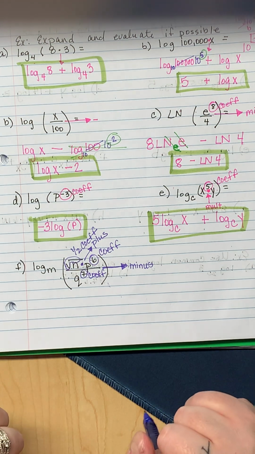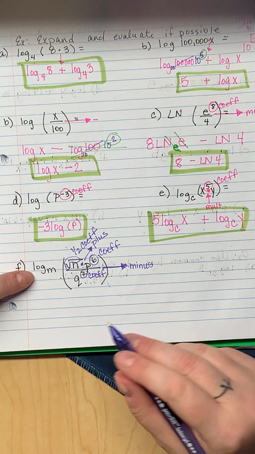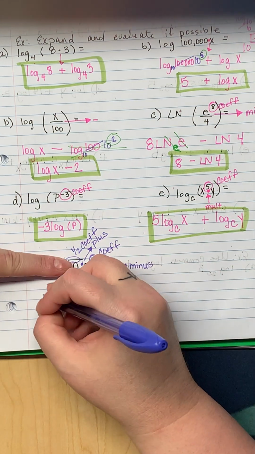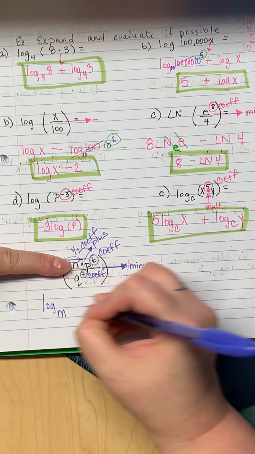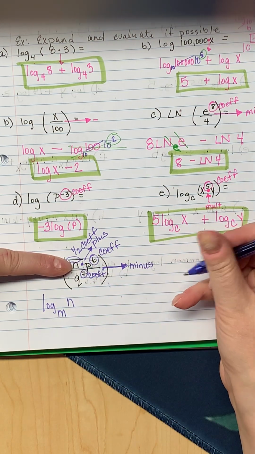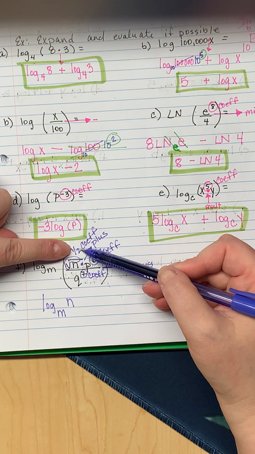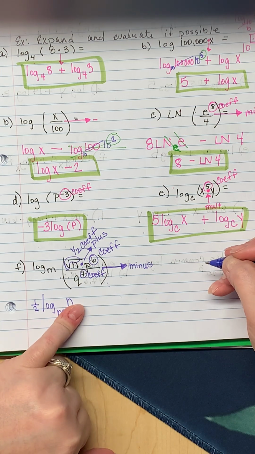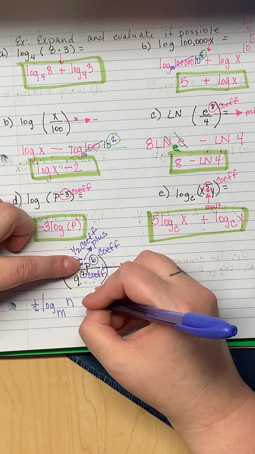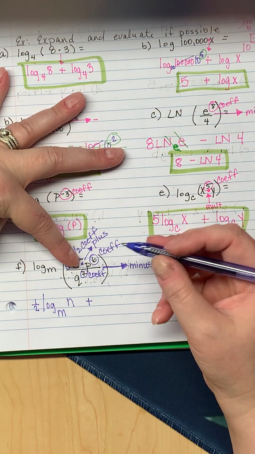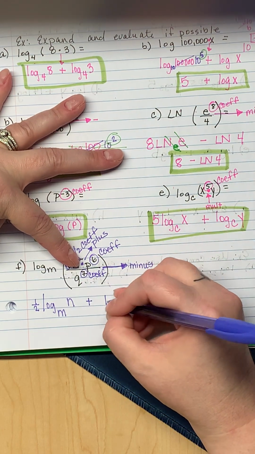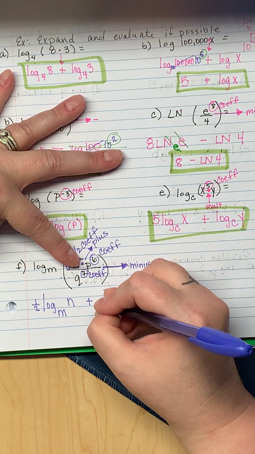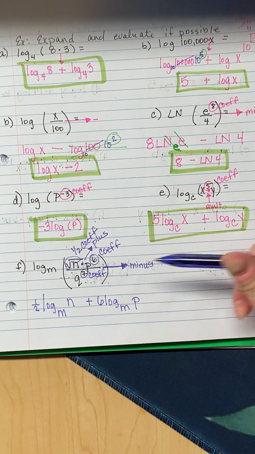Okay, so now let's split this. Let's distribute left to right, top to bottom. Log M N, so log with a little subscript M and a big old N. And its exponent was 1/2, but it's going to become a coefficient in front, so 1/2 log M N. Then that multiply sign becomes a plus, and we do the same thing, distribute the log M. So we have log M P with the coefficient 6 in front, from the P to the 6th.